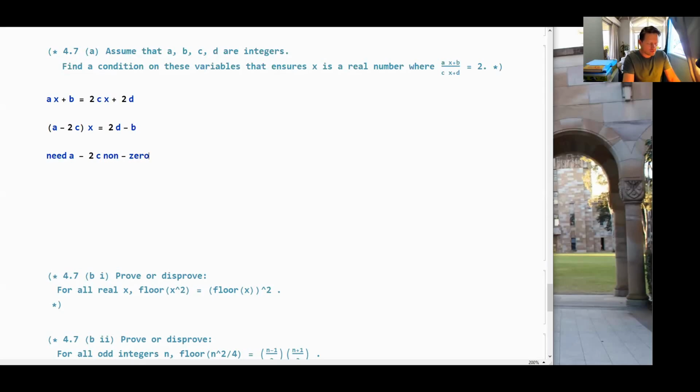Okay, and given that it is non-zero, the question then asks us to show that x is rational when you do have that condition met.